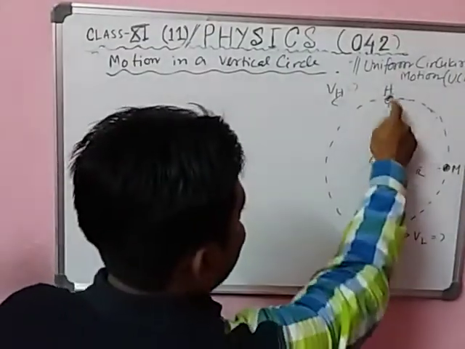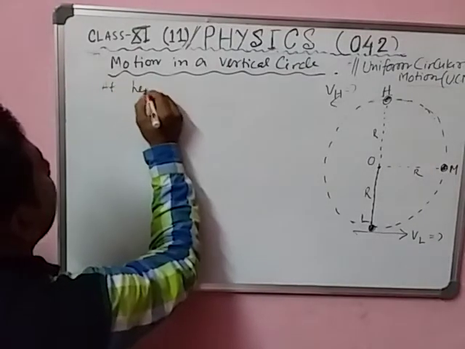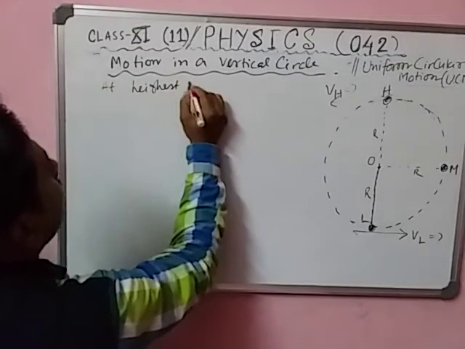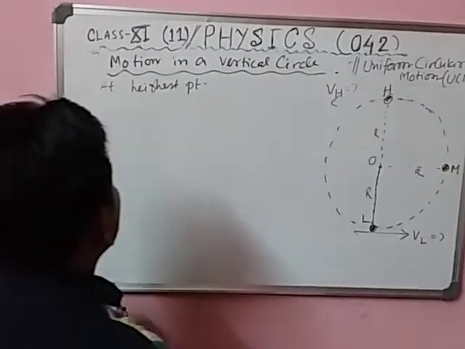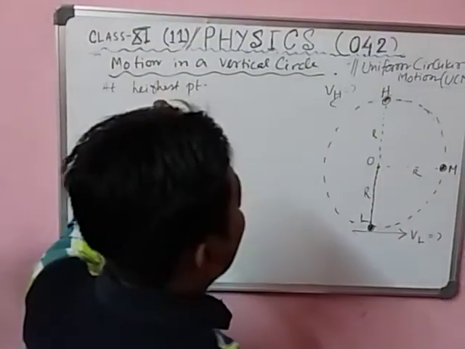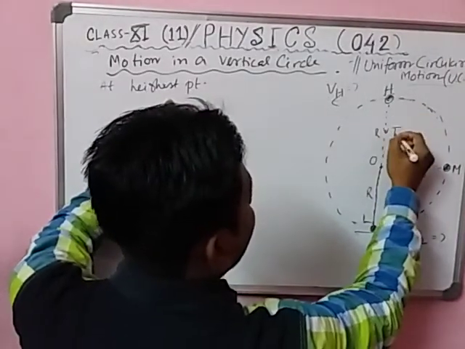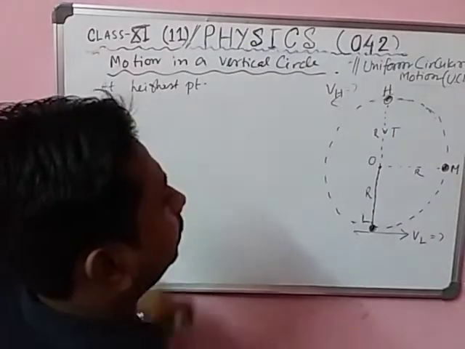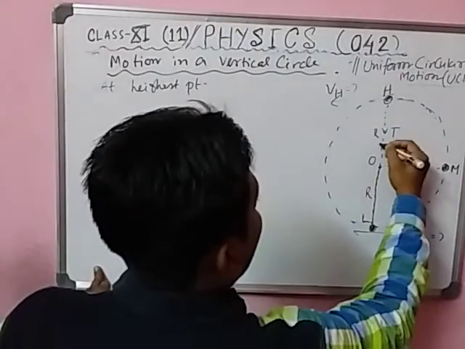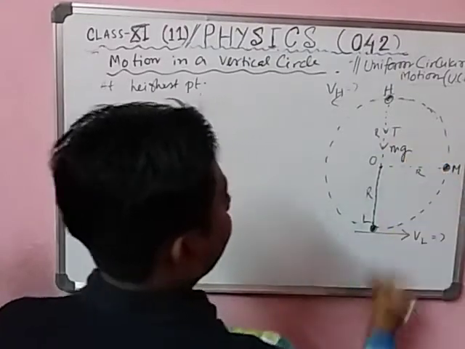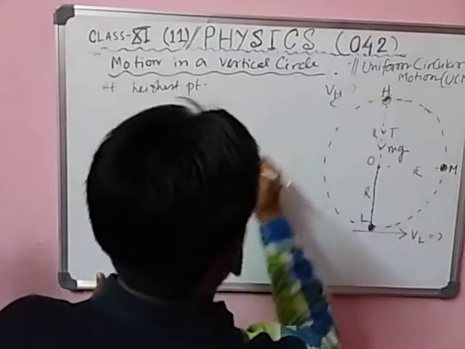First, at the highest point, the tension always points towards the point of suspension, and mg acts downward, with mv square by r.